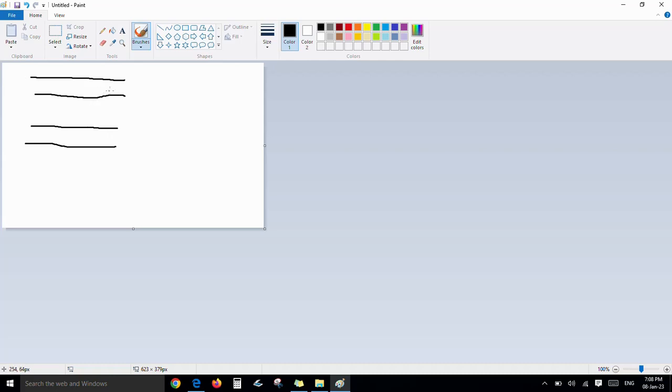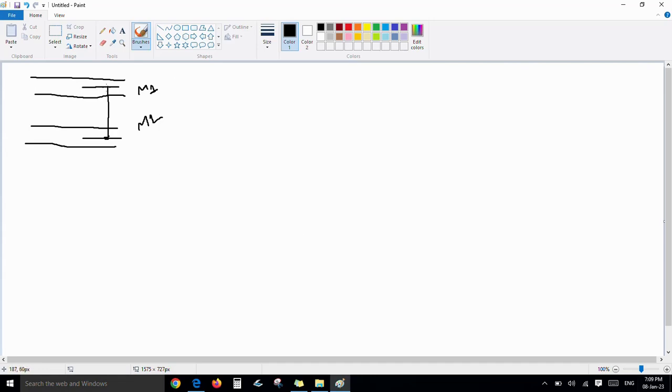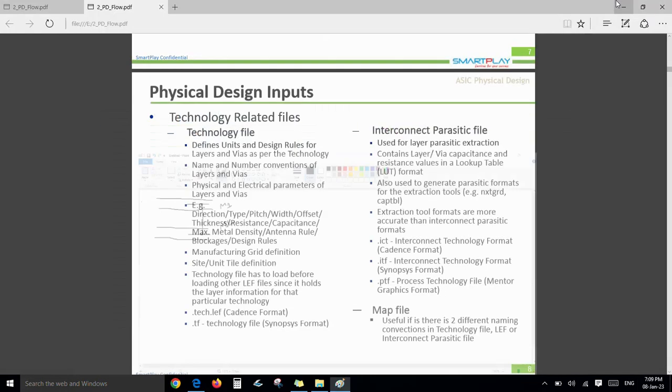So this is the offset, from the middle to the middle of this metal layer. So let us consider these both are M1 metal layers. The distance between them is the offset, that is what. And if you can see this thing, right? So this is the offset.